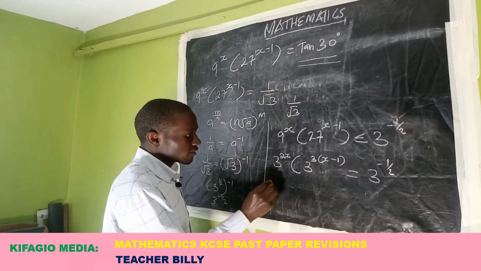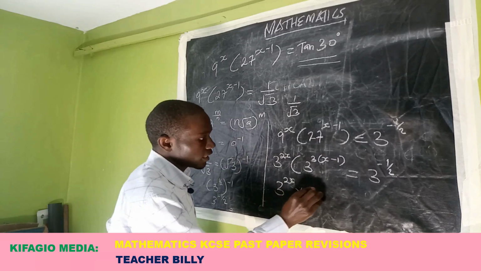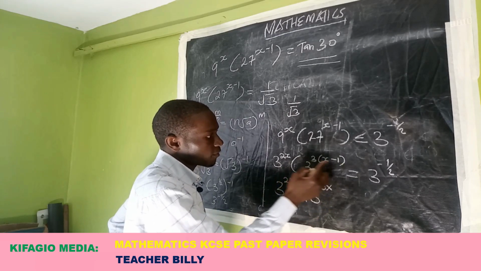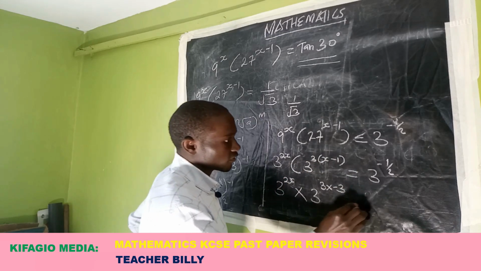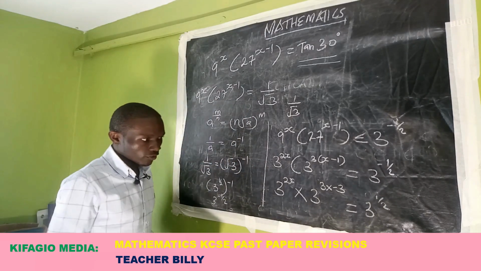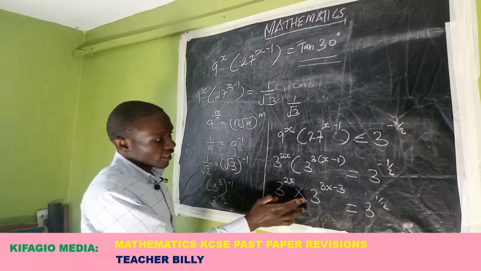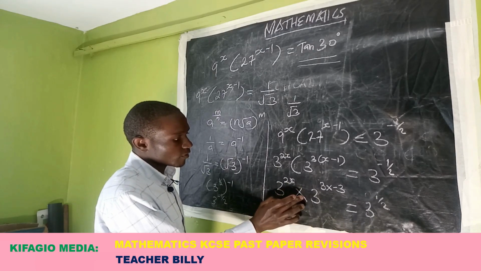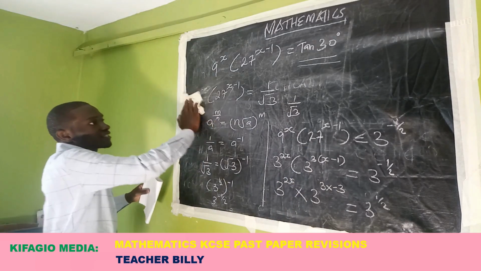So this one means 3 power 2x multiplied by 3 power 3x. If you open the brackets, 3 times x is 3x, 3 times minus 1 is minus 3, is equal to 3 power negative 1 over 2. So from there you can drop the bases. Anytime you're having multiplication, the indices will be added. Let me just elaborate on that.